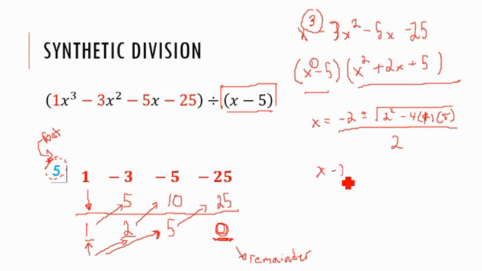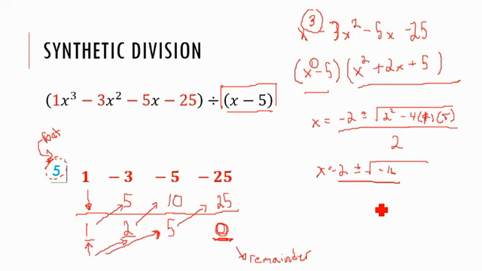So if we do this real fast, x equals -2 plus or minus the square root of, let's see, 2 squared is 4, minus 4 times 5, which is 20. That's going to give me -16.